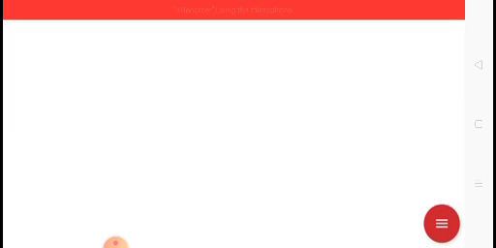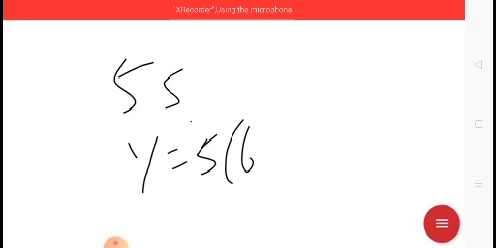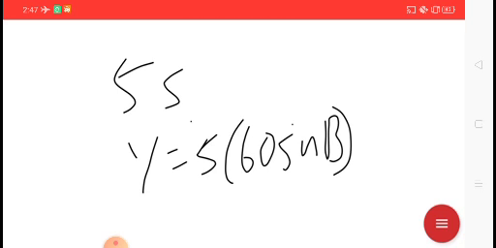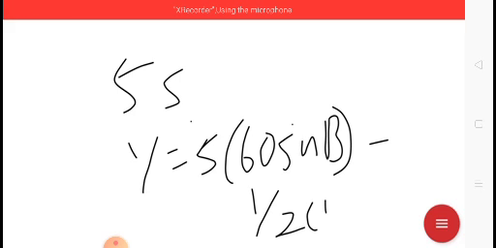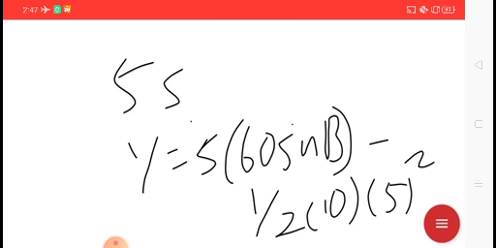For question 1 part 2, find the greatest height reached by the particle. Part A is to state the time of the greatest height. The total projectile motion is 10 seconds, so the maximum height is reached at 5 seconds, 1 mark. Using the same equation, y equals 60 sin b times 5 minus half g times 5 squared.